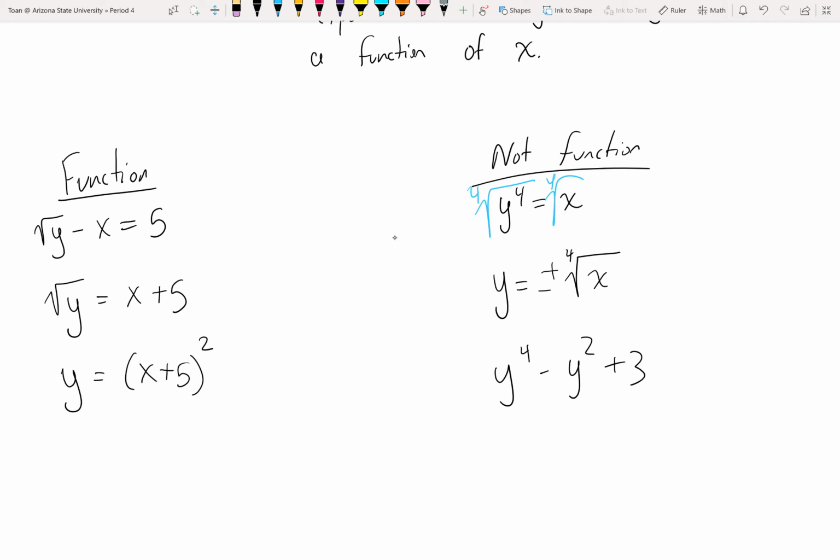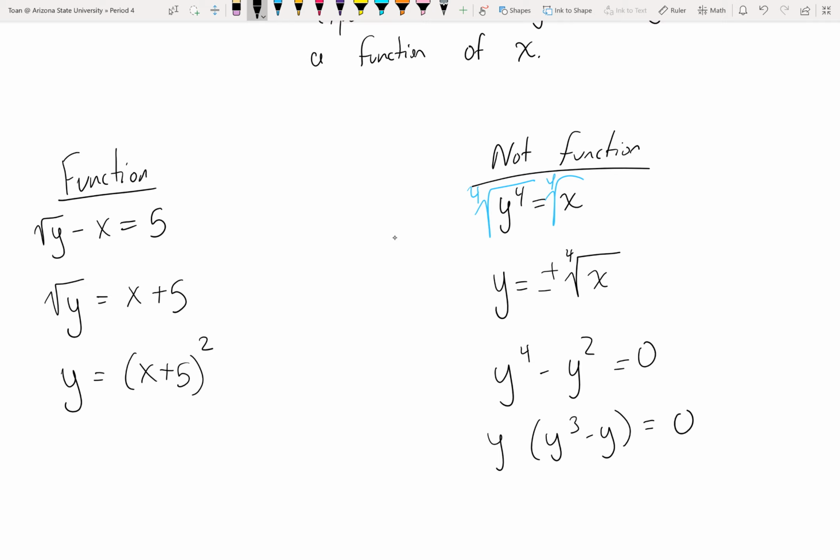Couldn't you pull out a y, or even if you have something like y cubed minus y? Yeah, you can pull out just a y, because then you would have all odd powers. But in this example, you would still have to eventually somewhere down the line take an even root, because this will give you the answers y equals 0 and y equals 1.